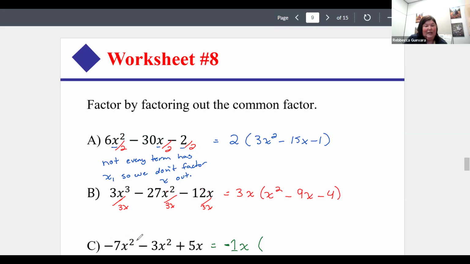If I factor out a negative x, I'm left with positive 7x. I think that was supposed to be a cube there, by the way. Make a little note there, because otherwise this is just silly. This should have been a cube.